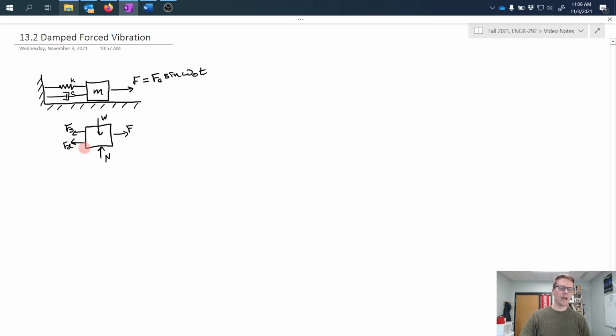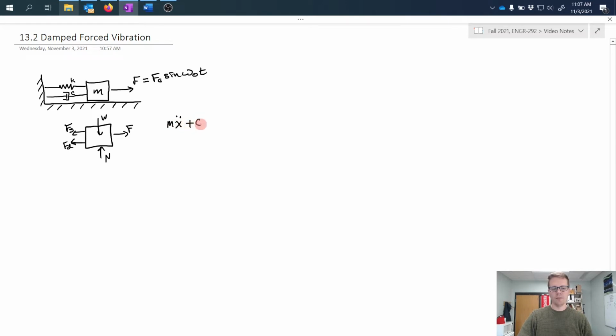So recall that spring force is dependent on change in position x and some spring constant k, and the force from the dashpot is due to the damping coefficient c, as well as the velocity of x, so x dot.